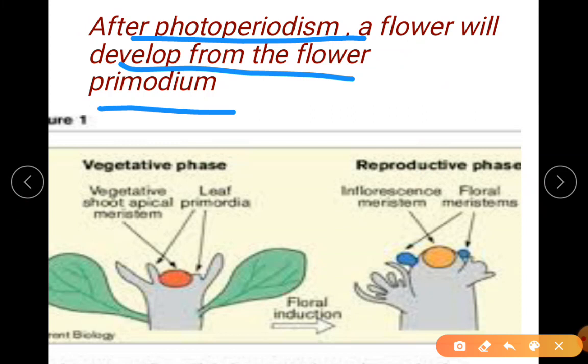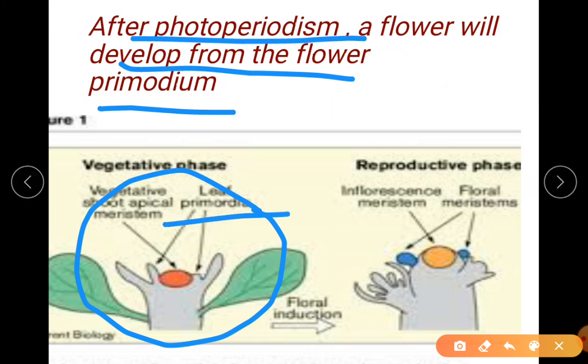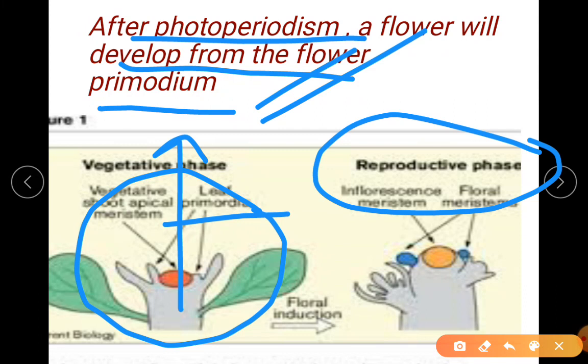So this together will induce the flowering process. Usually the normal plant is only having the leaf primordia, so it gives rise to your shoot, whereas photoperiodism will give rise to your reproductive phase. What is that reproductive phase? The flowering period.